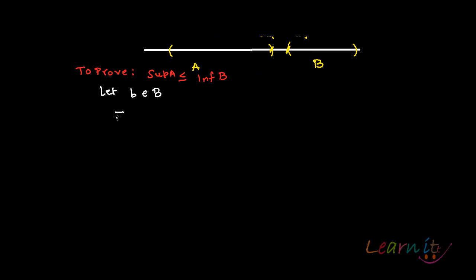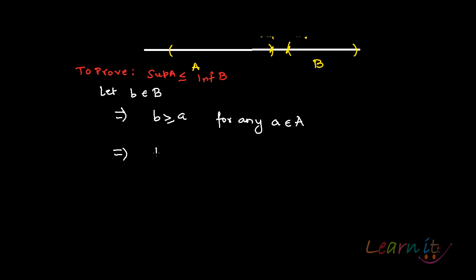So that would imply, by what is given to us, that b is greater than or equal to a for any a whatsoever belonging to the set A. And what does that imply?